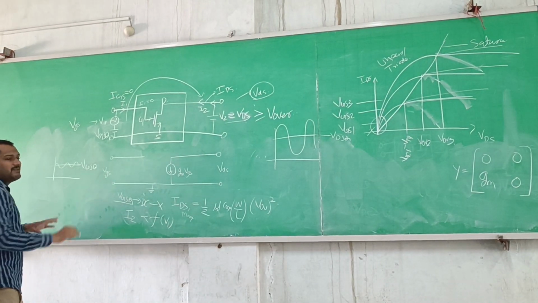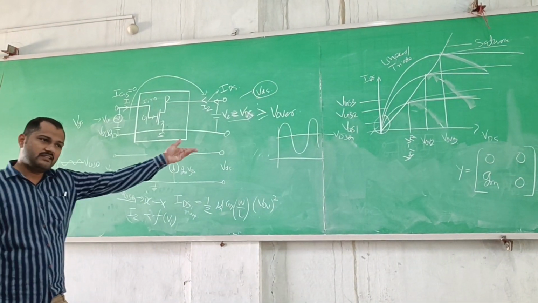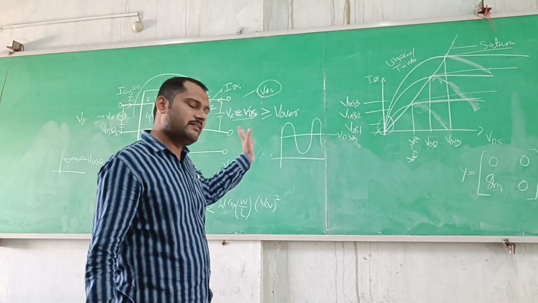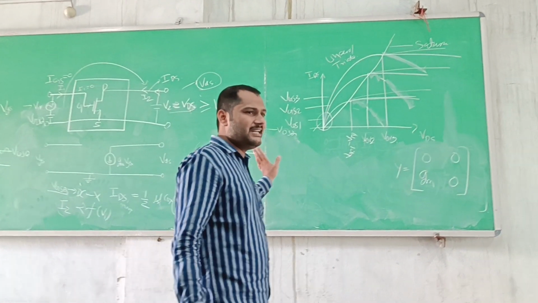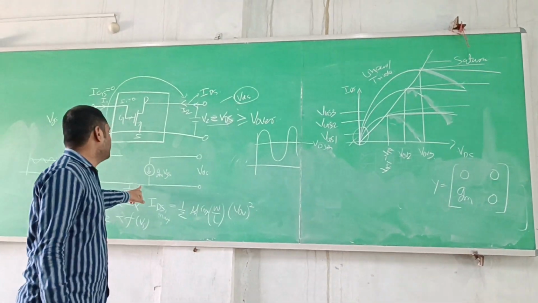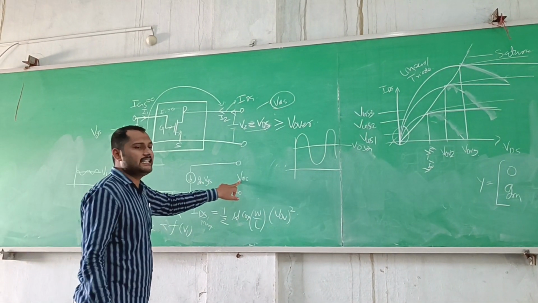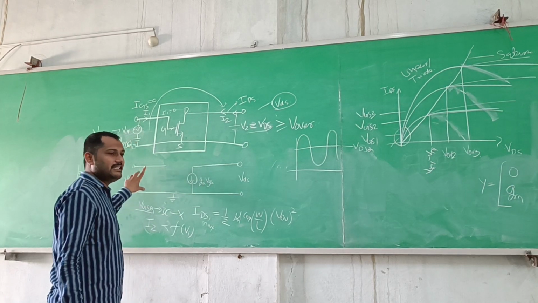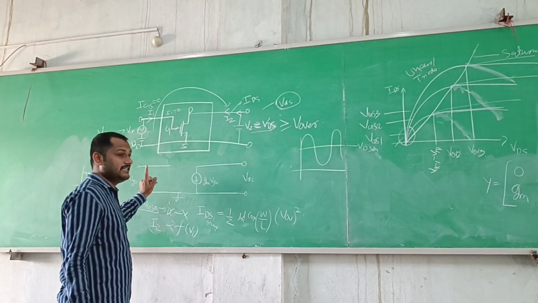But our information is not changing. Our system is still LTI. What are we doing? We are amplifying. So both of these are grounded, and we are interested in the signal, how it is affecting the signal.